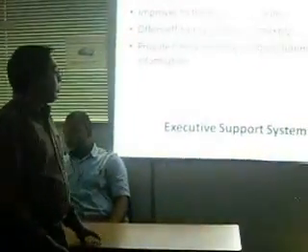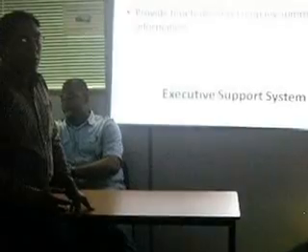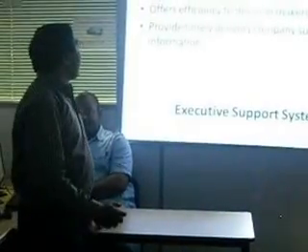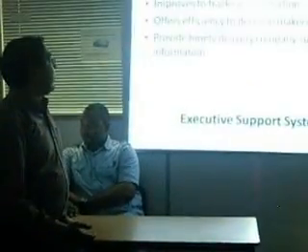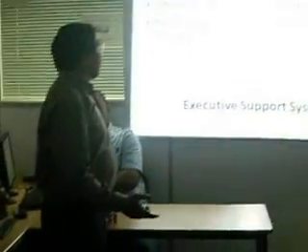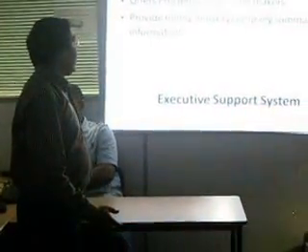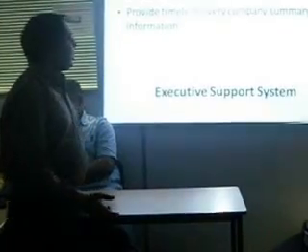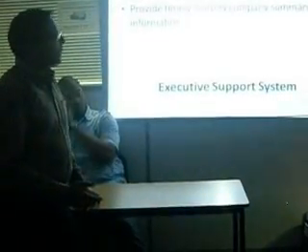The next software is the executive support system. This kind of software gives support to the executive. What kind of support does the company need? It filters the data of management, improves tracking information, and tracks some information of customers.